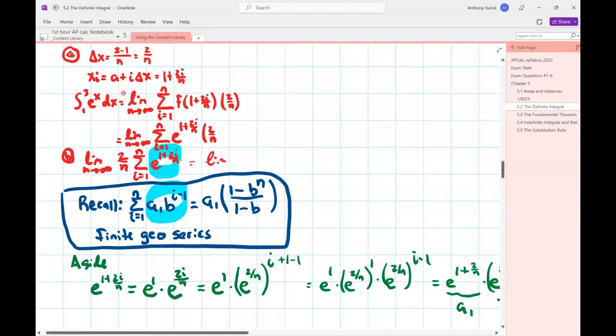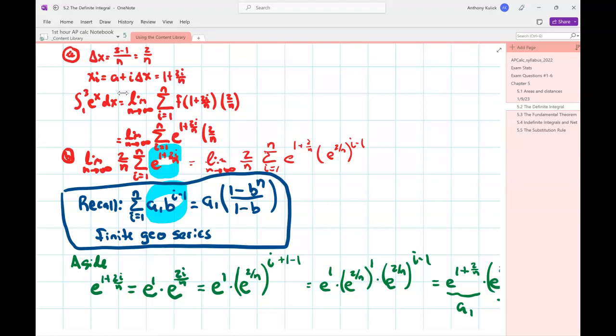So we have the limit as n approaches infinity of 2 over n, the sum from 1 to n of e to the 1 plus 2 over n times e to the 2 over n to the i minus 1.